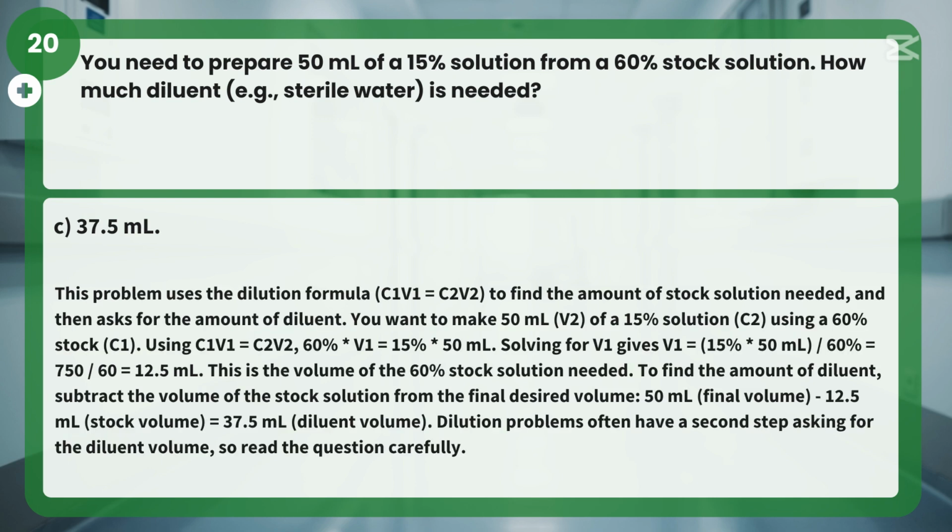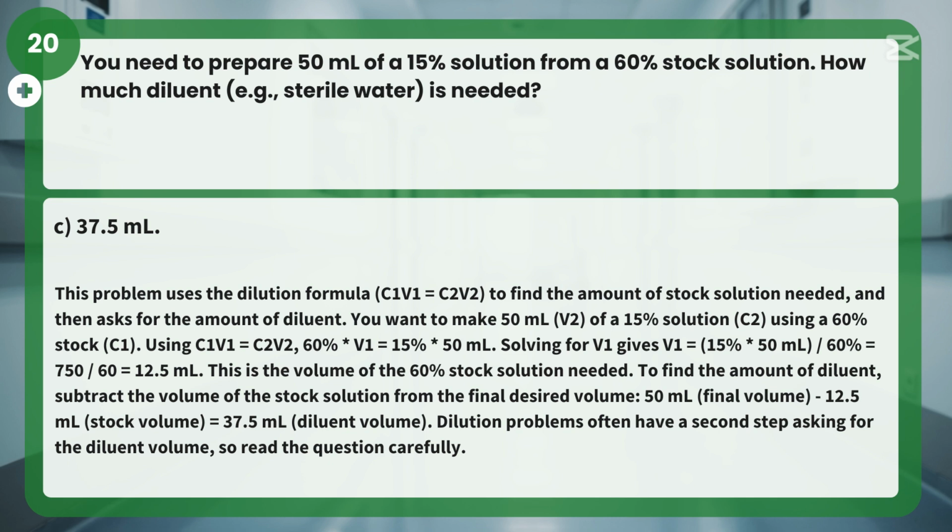Answer: C. 37.5 milliliters. This problem uses the dilution formula, C1V1 equals C2V2, to find the amount of stock solution needed, and then asks for the amount of diluent. You want to make 50 milliliters, V2, of a 15% solution, C2, using a 60% stock, C1.